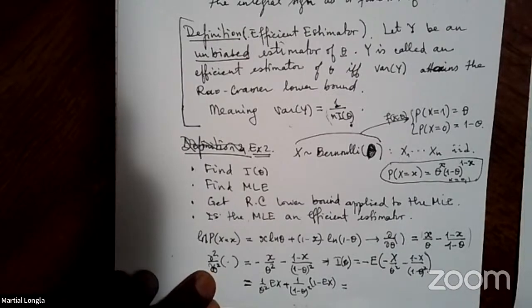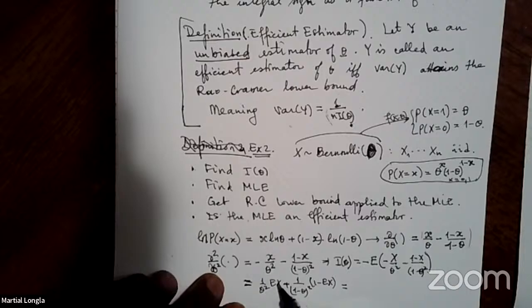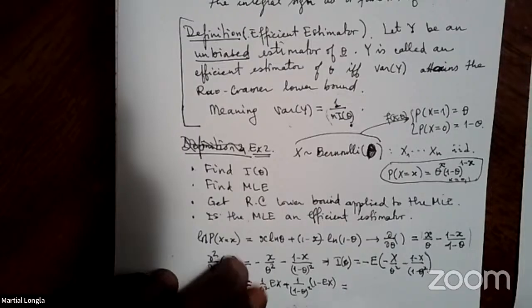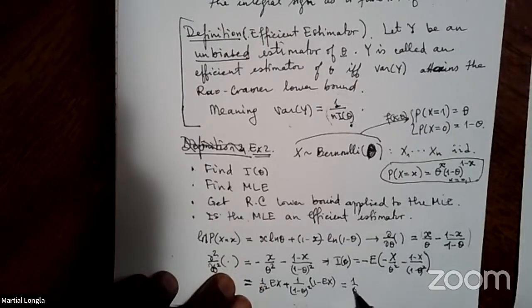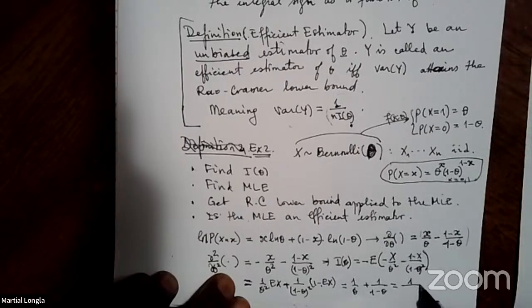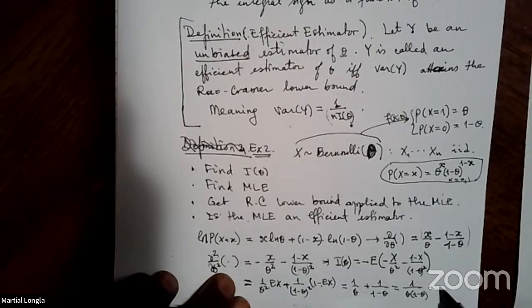But for the Bernoulli, the expected value of x is theta. So that's theta over theta squared, which is 1 over theta, plus, same thing, 1 over 1 minus theta. And when you add these two things, that gives you 1 over theta times 1 minus theta. So this is the Fisher information in this case.